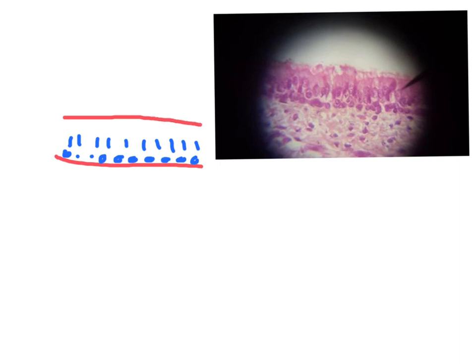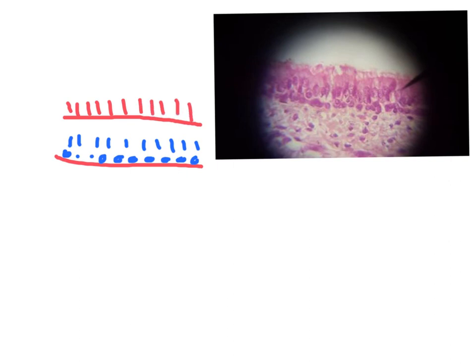We can see this picture. This is a basement membrane, and above this basement membrane we have the nuclei of the short columnar cells, and above it we have nuclei of the tall columnar cells, and then we have the top part of the cell, and above it we have these tiny hairs of the cilia.